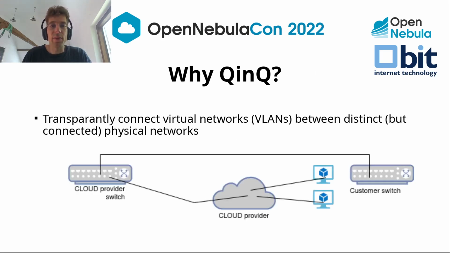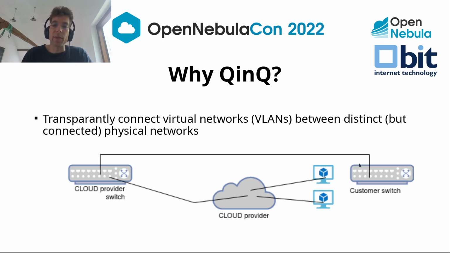Why use QinQ? You can use it to transparently connect two separate networks. In this example, a customer with this switch is connected to a cloud provider, and can transparently bring the VLANs, in this case, available to the virtual machines running on the cloud provider side.